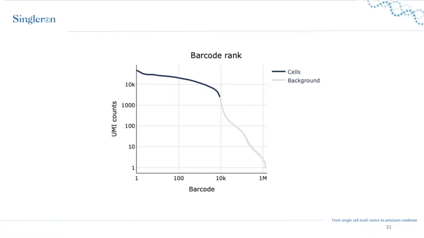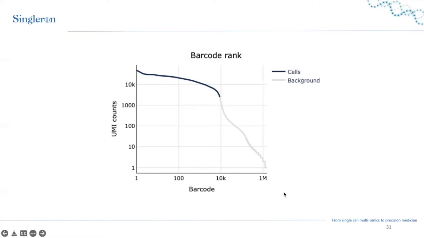The second barcode, second cell has less, and so on and so forth, until you reach an inflection point. At this point, where the blue turns to gray, you say, okay, this is my threshold. I'm going to consider everything above this point a cell, and everything below it background. And therefore, in this case, I think we had like 8,600 cells, and the rest is noise.